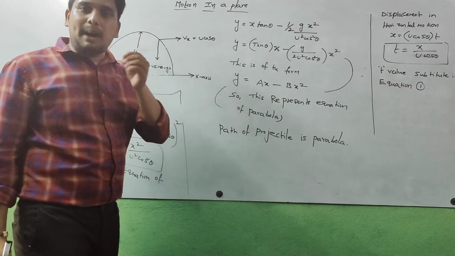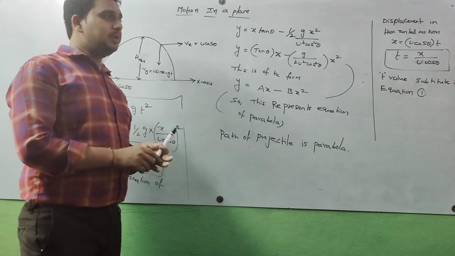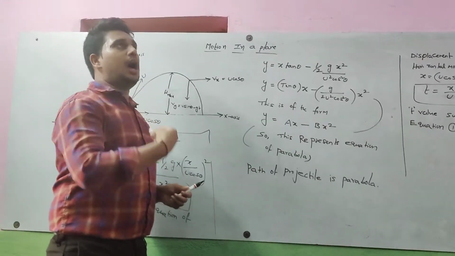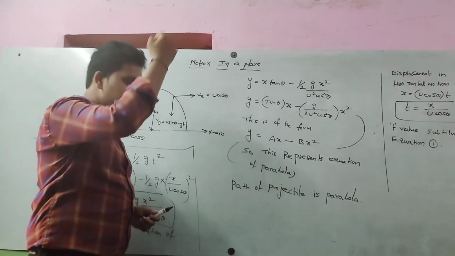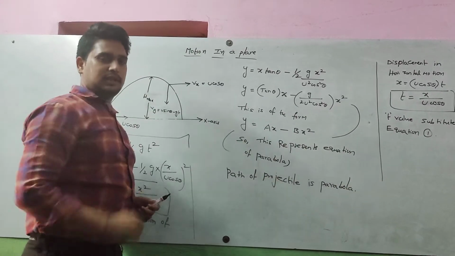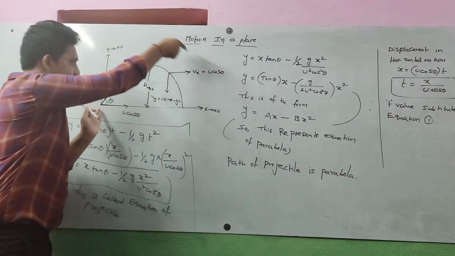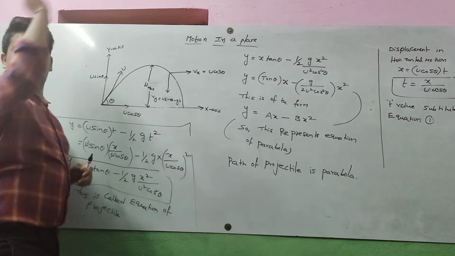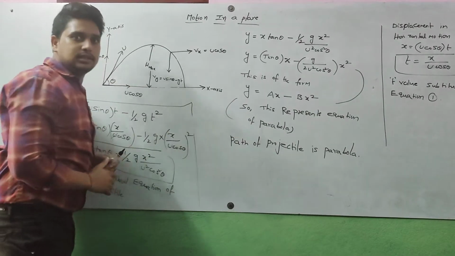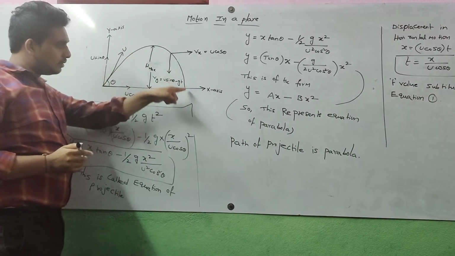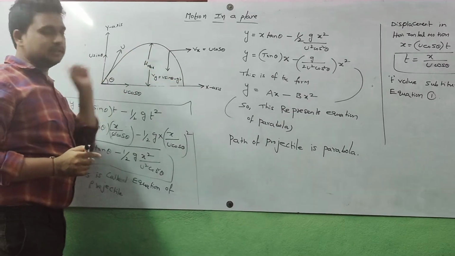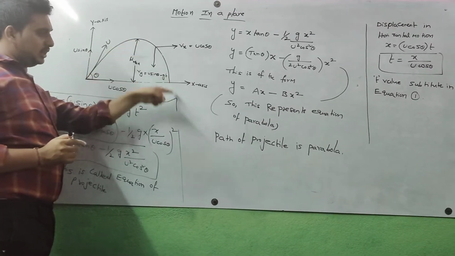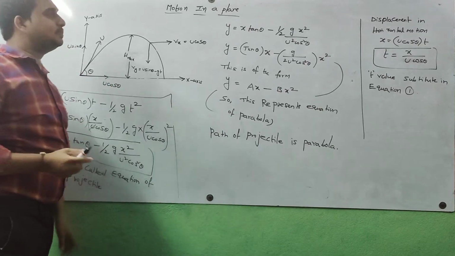If a person observes from the ground, simple thing, this is a body, I projected it into the air like this, so it will fall down on the ground. Like this it is moving. Javelin throw, like this it is moving, right? So what is this path we got? Path of projectile is parabola.